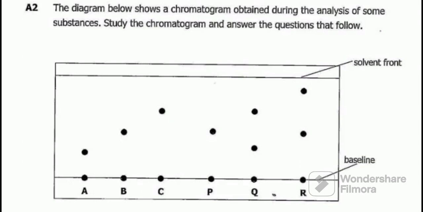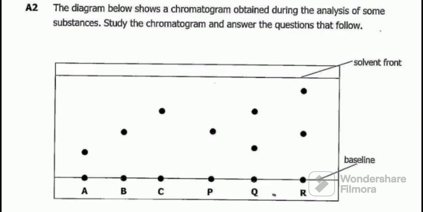So let us compare P. Is P, which is an unknown substance, corresponding to any standard here? A, B, C. You can use a rule in your question paper to measure very well. So P is corresponding to standard B.